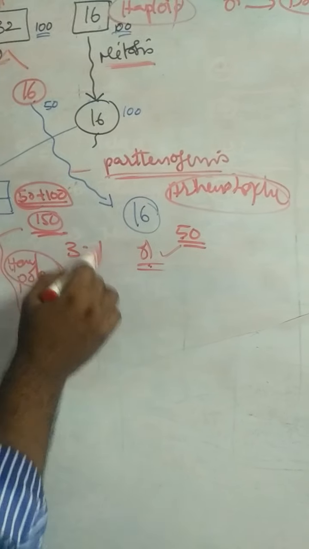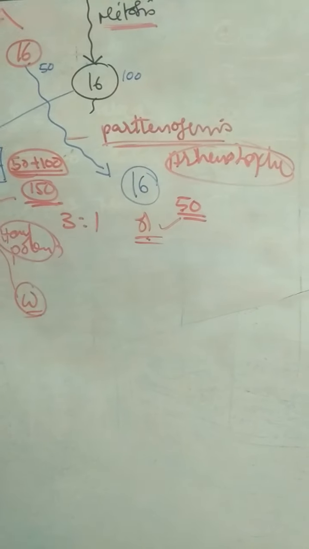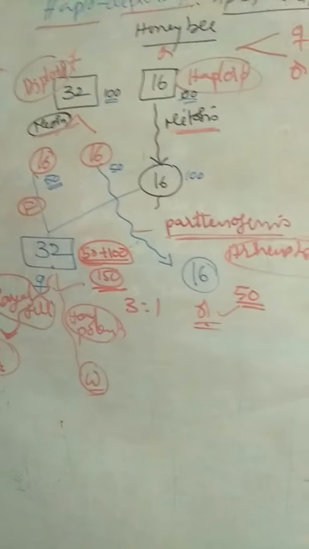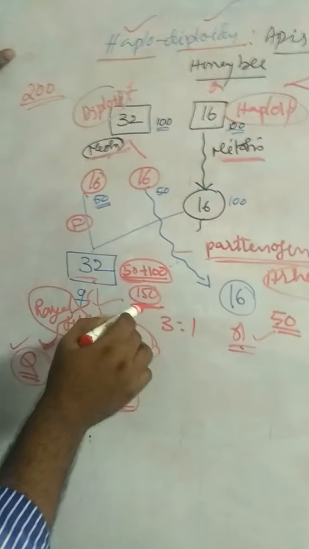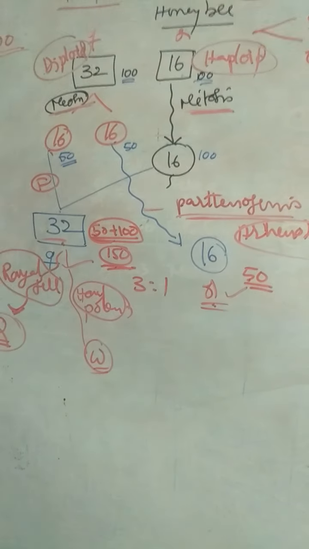That is equal to a ratio of 3:1. Females receive 3 and males 1, that means 3/4 and 1/4. In general, in other methods, males and females receive 50-50. But in haplodiploidy, females receive 150 genes out of 200 and males receive 50 out of 200.